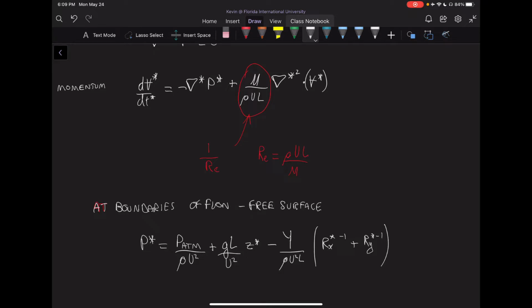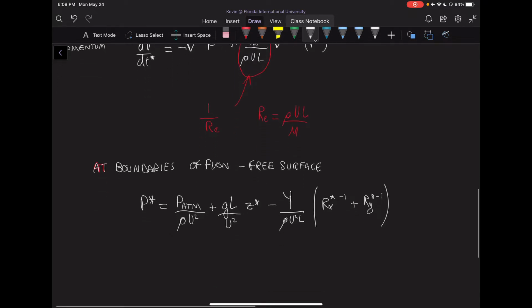And this term right here, and this equation you don't have to remember, this is just to show you at a free surface what you would get for your pressure term.